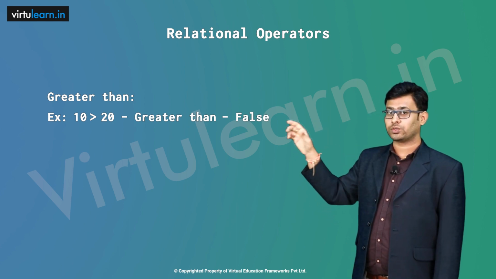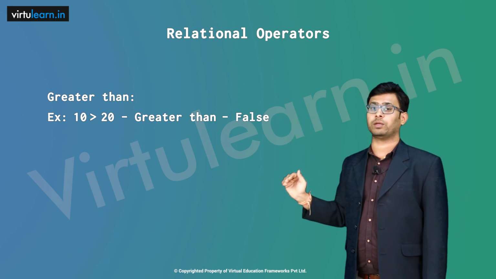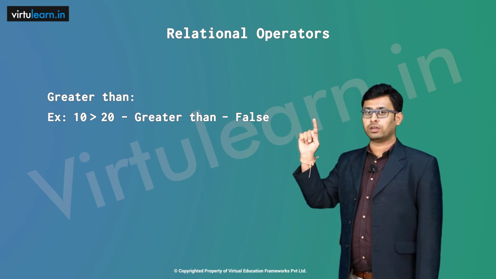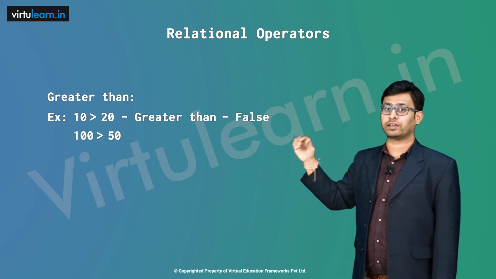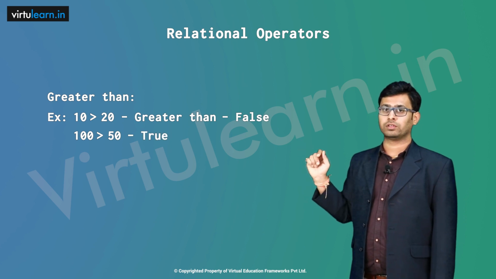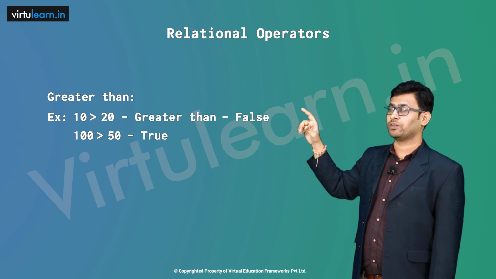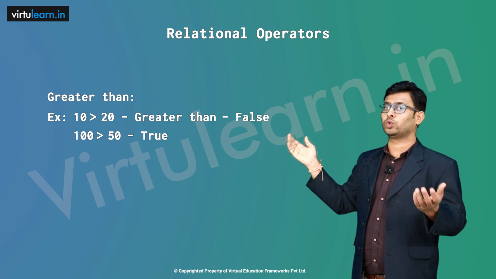This is what we need to understand as part of decision making also. These symbols are very, very important. 10 greater than 20, the result is false. 100 greater than 50, the result is true. So this is how we understand which comes true and which comes false by comparing two operands.